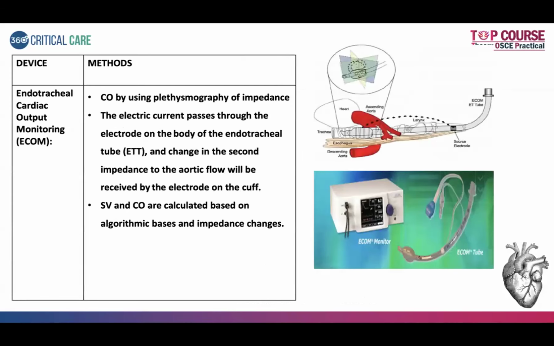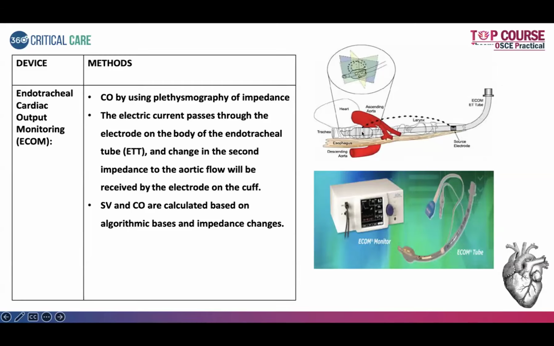The next device we are using is the endotracheal cardiac output monitoring device, called ECOM, where that ET tube itself is special, because the cardiac output here is measured by a plethysmography of impedance. So the electric current passes through the electrode on the body of the endotracheal tube, and the change in the second impedance to the aortic blood flow will be received by the electrode on the cuff.